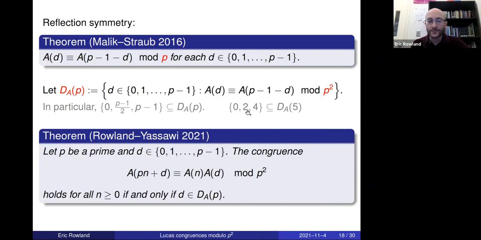That explains why 0, 2, and 4 worked for the prime 5. The other digits that occurred for the primes 7 and 23 and so on, those are in some sense coincidences, but they're digits that satisfy this reflection symmetry modulo P squared, and therefore also let the Lukács congruence hold.